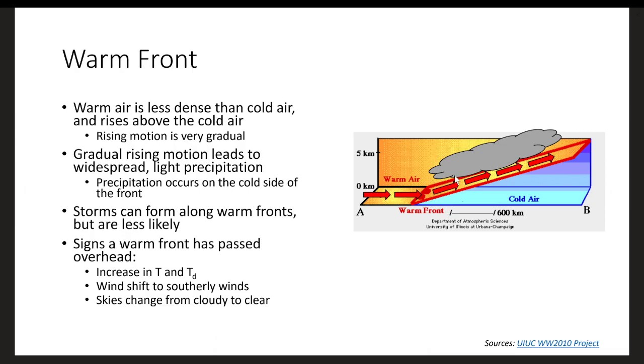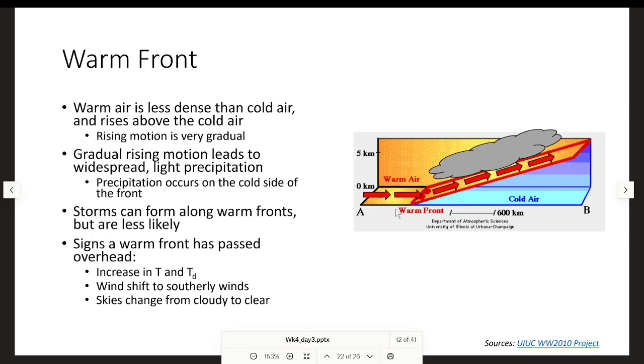Signs that a warm front has passed: you know you're in a warm front when there's an increase in temperature and in dew point temperature, the wind shifts to a southerly wind, so wind blowing from the south, and the sky changes from cloudy to clear. This is especially true in the springtime, when these fronts are very prominent. So if it's warm outside, you're probably in a warm front.